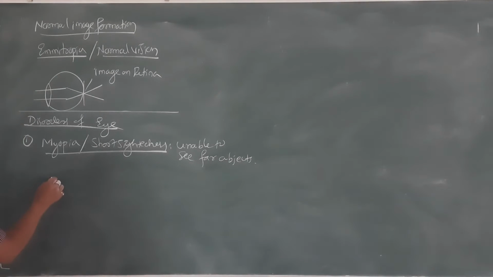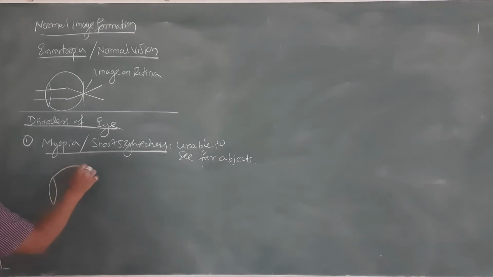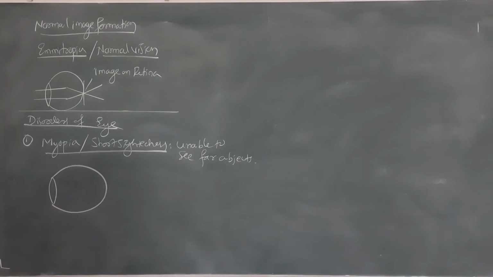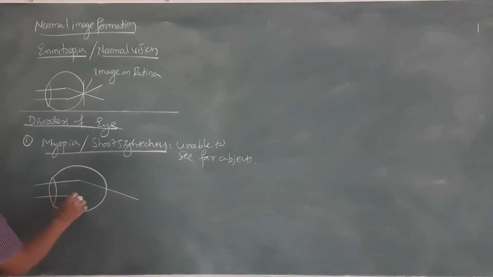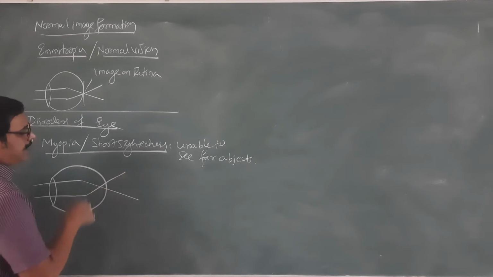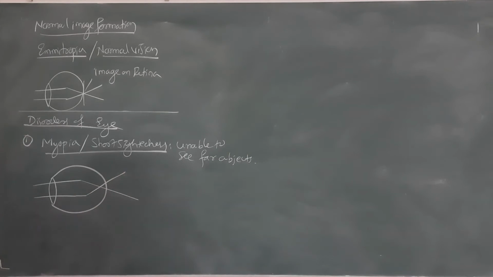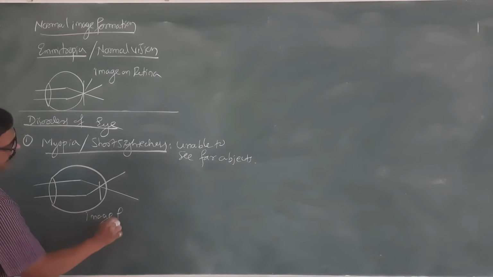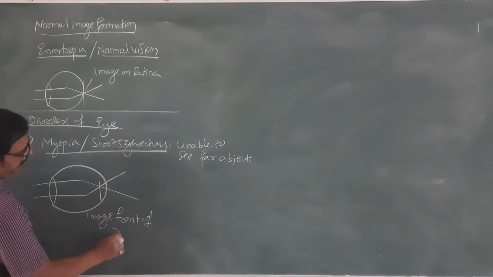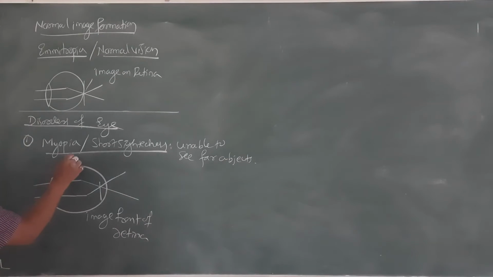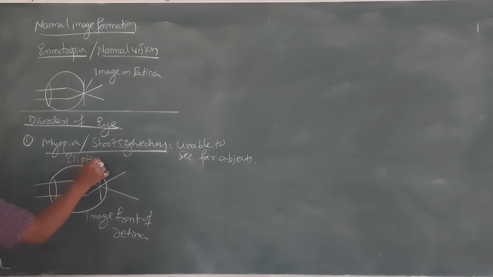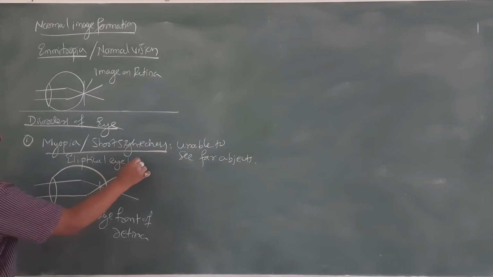Okay, so what is the problem in this condition? Let me tell you. Yes, the person has the lens and the eyeball is elliptical. Okay, so what is happening here? The image is not formed on the retina. The image is forming in front of the retina. So yes, the image is in front of the retina, not on the retina, because of the elliptical eyeball.